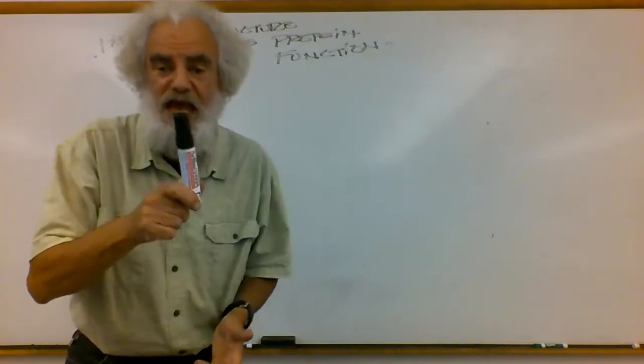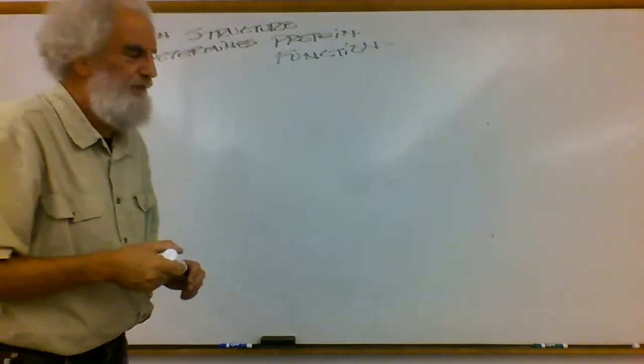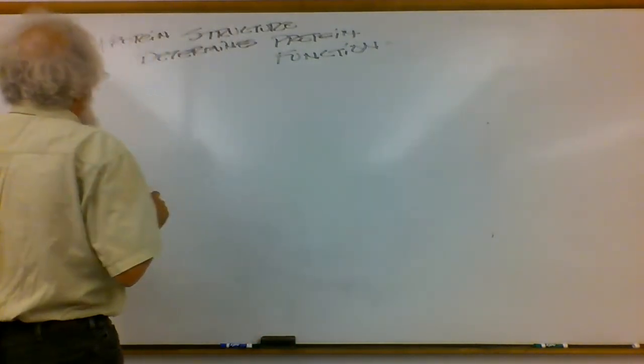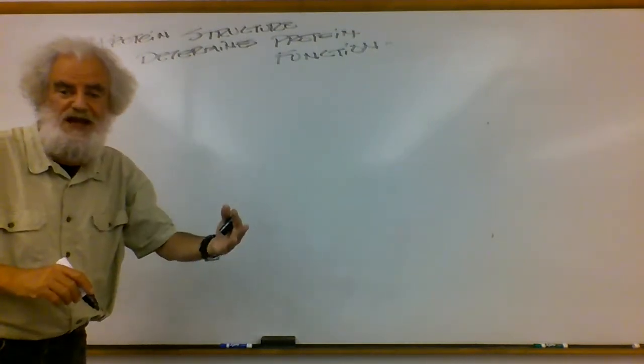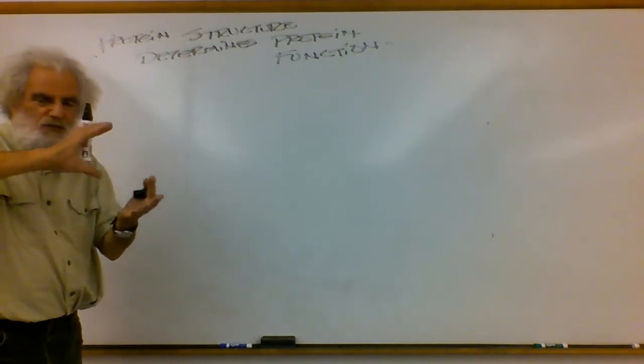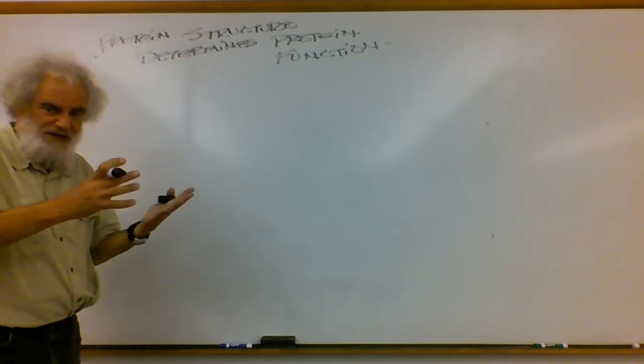All right. So, here's the deal. Anything that is going to break apart secondary and tertiary structure, these weak-ass bonds, is going to break apart the structure of the protein.